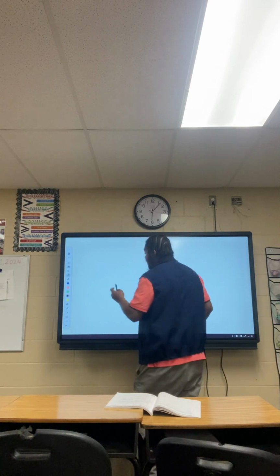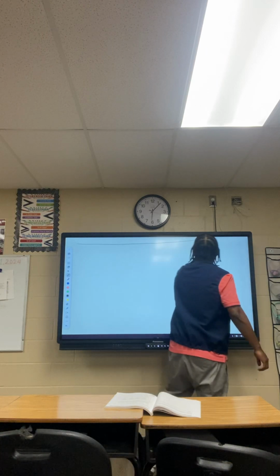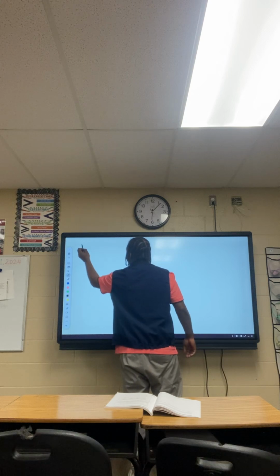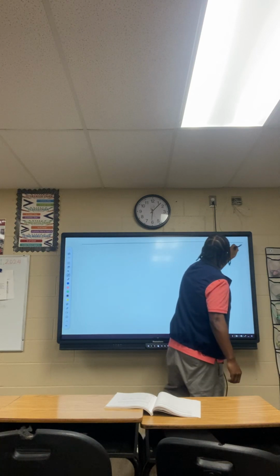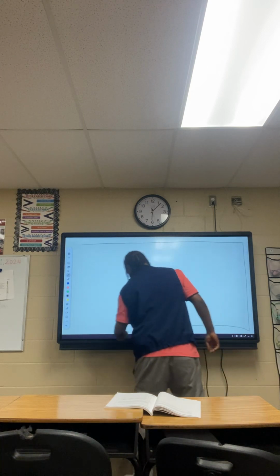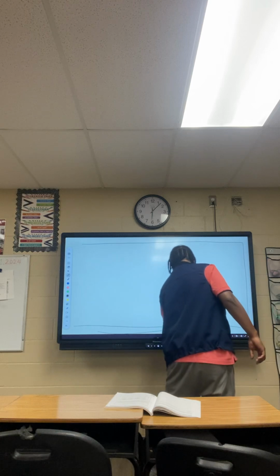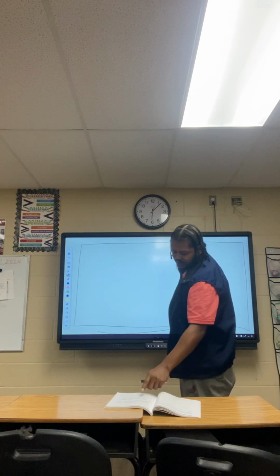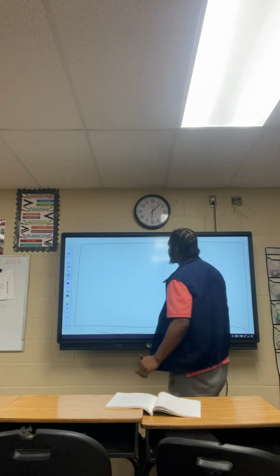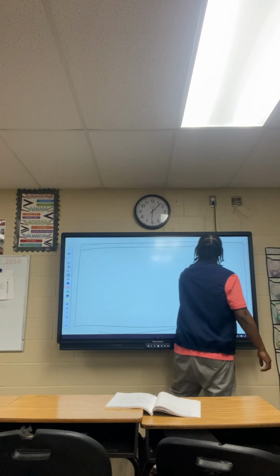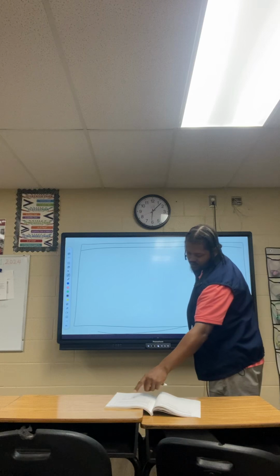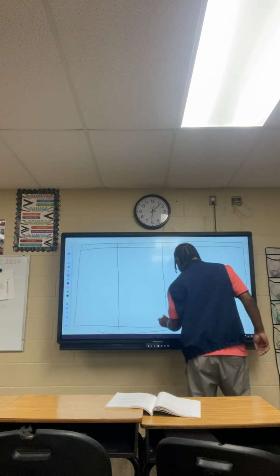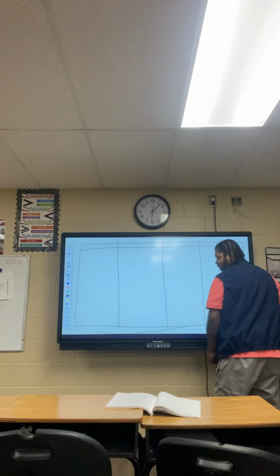Okay, so let's make a table. Okay, here's our table. So we're gonna label it rational numbers. How many slots we got? 1, 2, 3, 4. All right.